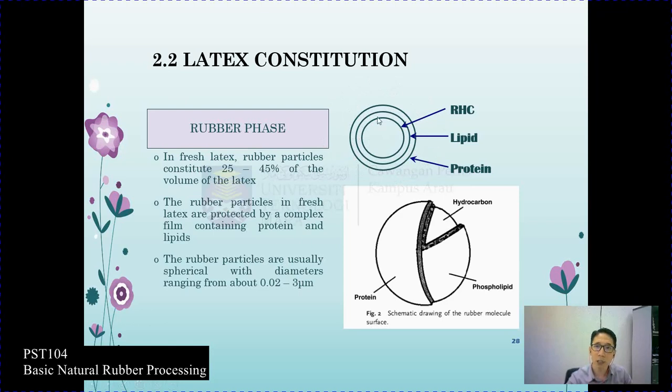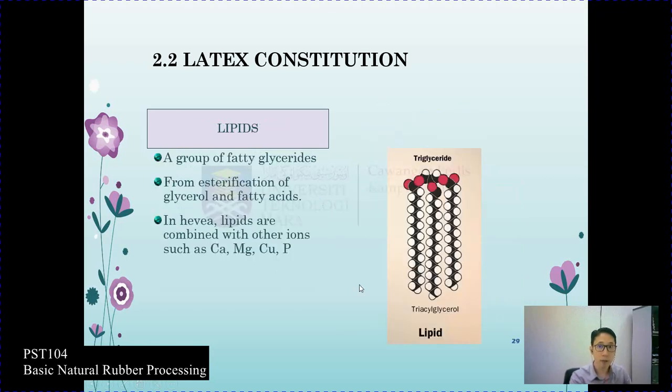Okay, so here is the 2D illustration. This one is the 3D illustration. When you cut through, there is a thin layer of lipid or phospholipid coating the hydrocarbon, and the outer layer will be a protein. Next, the lipids.